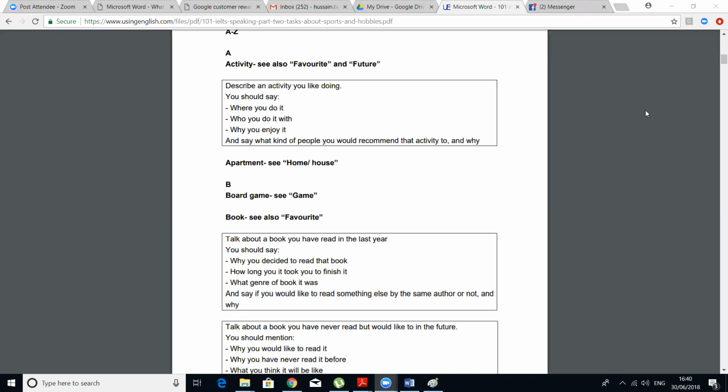But the second cue card is related to something you did in the past, because it says a book that you have read in the last year, and in your answer you should say why you decided to read that book. So decided means you're being referred to use the past tense only, and how long you took to finish reading the book, what genre the book was, and say if you would like to read something else by the same author or not, and why.